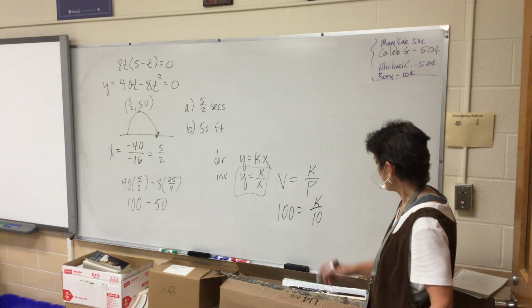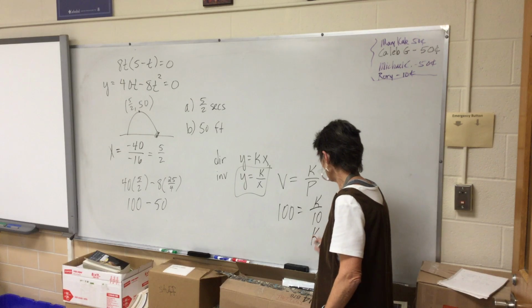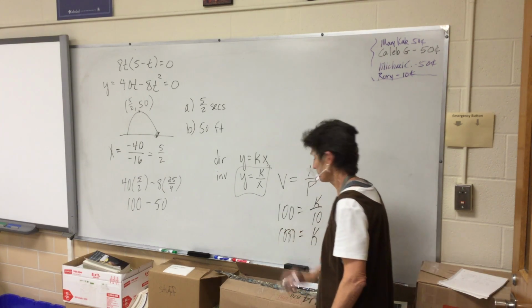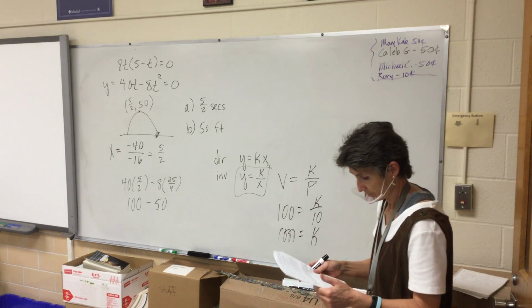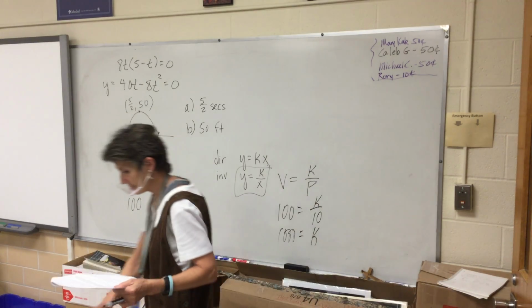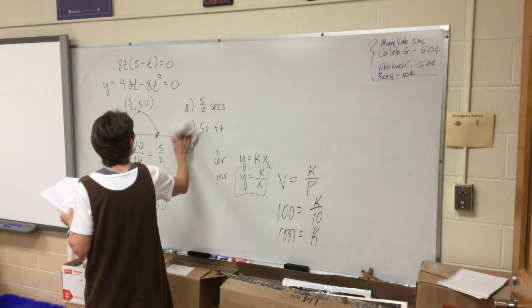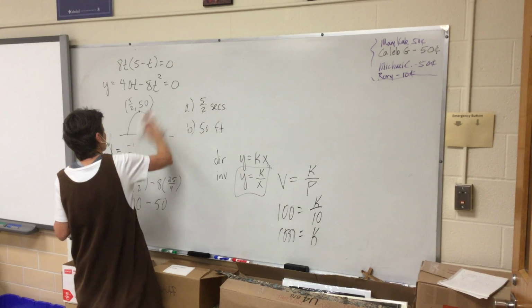Easy. What's K? 1,000. Yeah. Period. Easy, easy, easy. But you have to know your setup there.